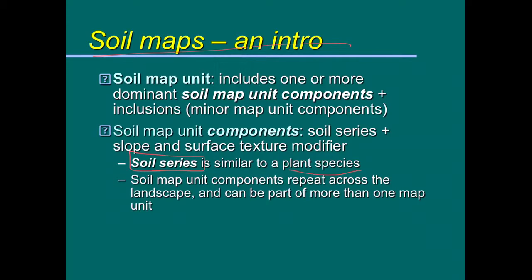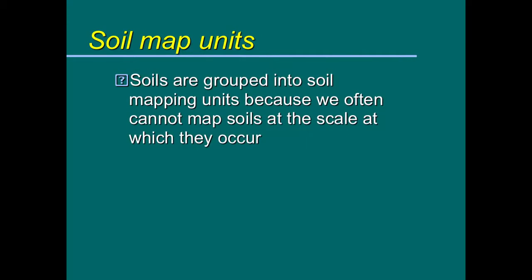So we can have a bluebunch wheatgrass species of plant, and it gives us a pretty precise definition of that species. Soil series give us just like that, a specific, particular kind of soil in a particular place.